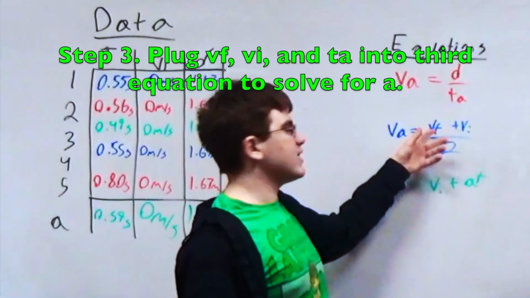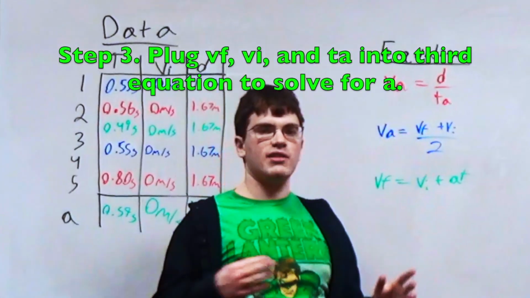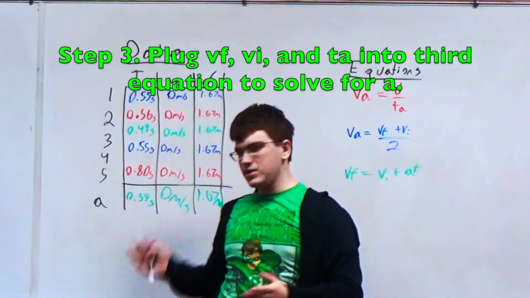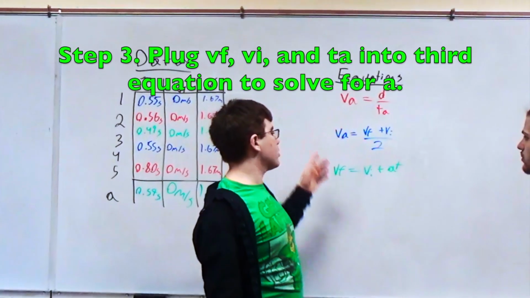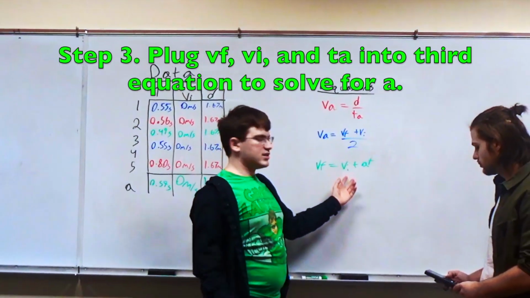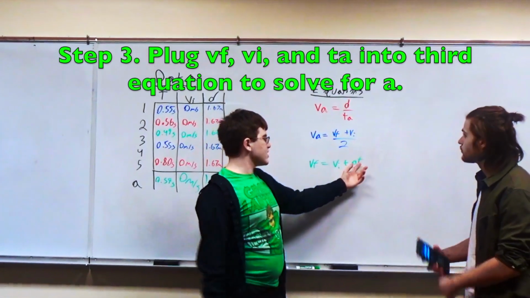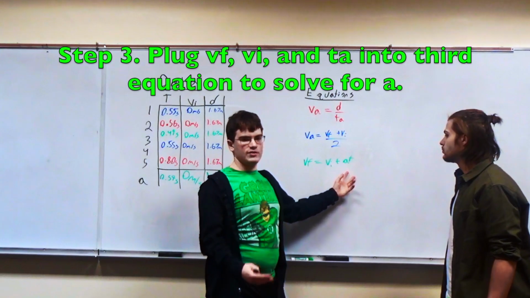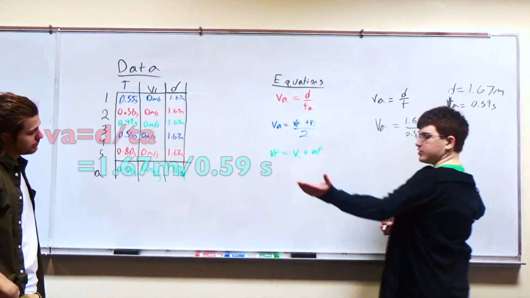Then we'll take that velocity final, which is our average velocity final because we've been using the average of all of our measurements so far, and put it into the velocity final equation. We know the initial velocity is 0, and we're going to use the average time to calculate the average acceleration due to gravity. Calculator.